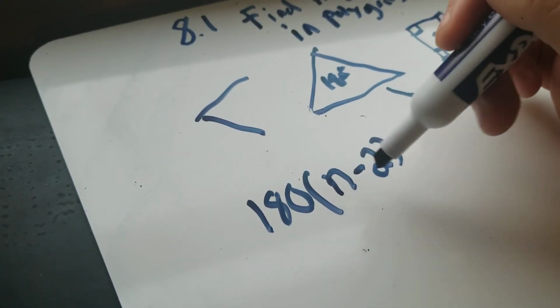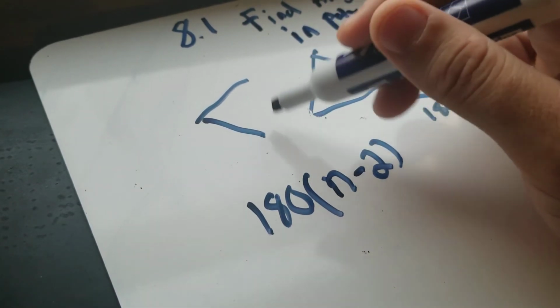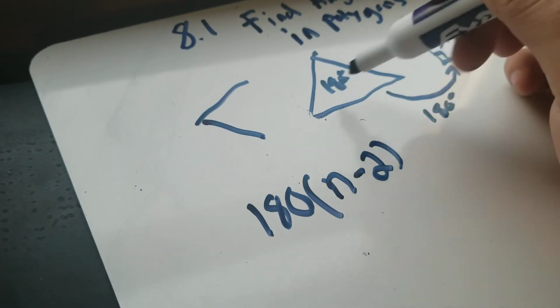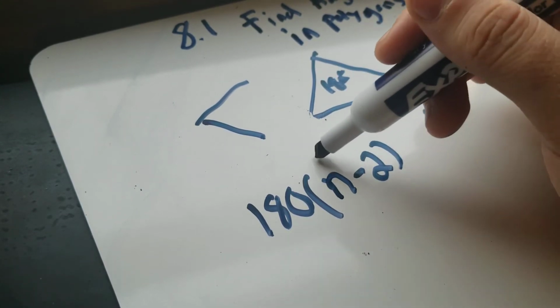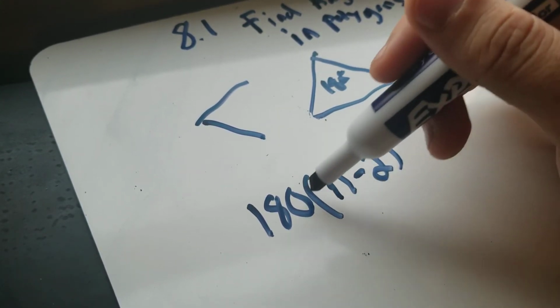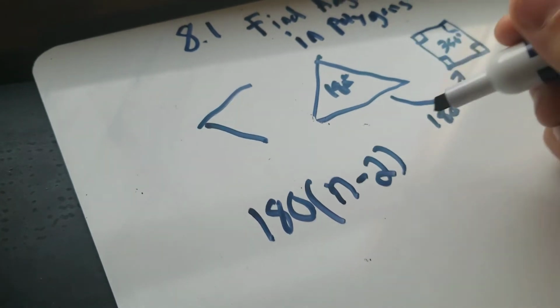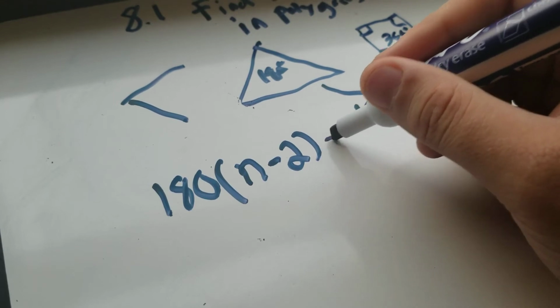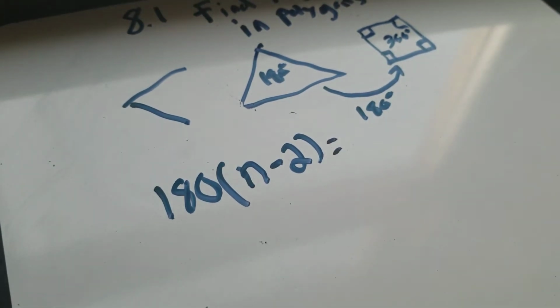You can't even describe how many interior angles there are because there's no inside anymore. So that's why we put minus 2. At 3, you plug in a 3. 3 minus 2 is 1. 1 times 180 is 180 degrees. So 180 times n minus 2 equals the sum of all the angles inside this polygon.